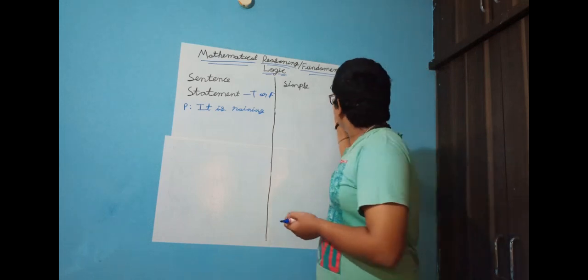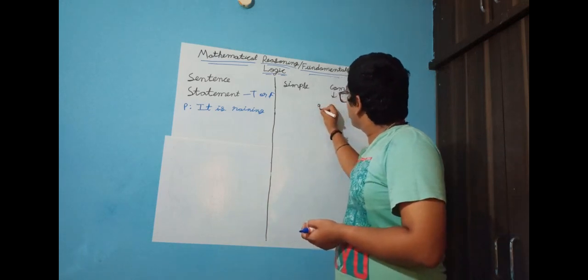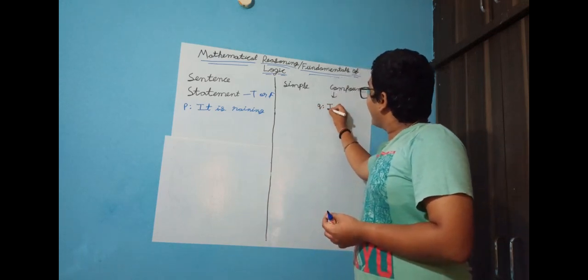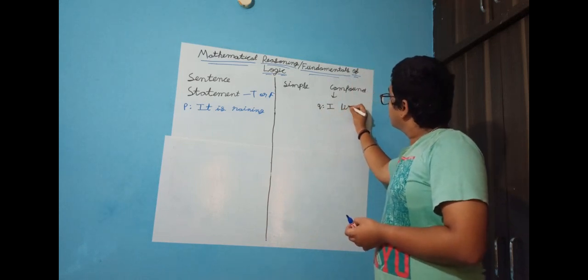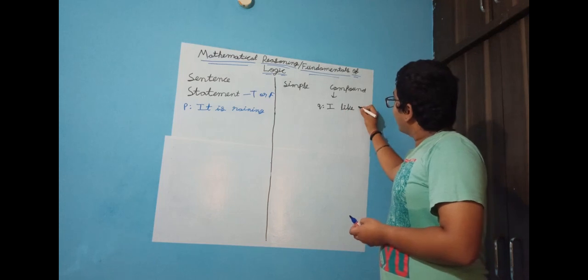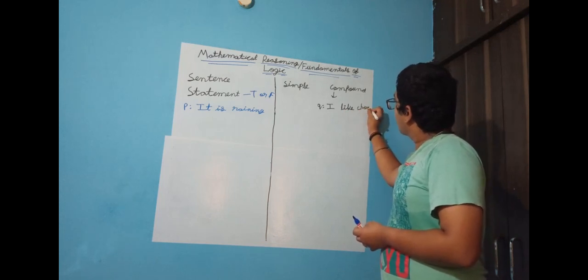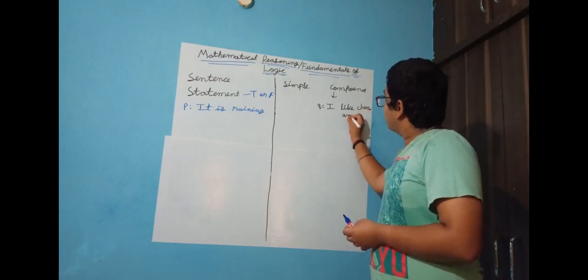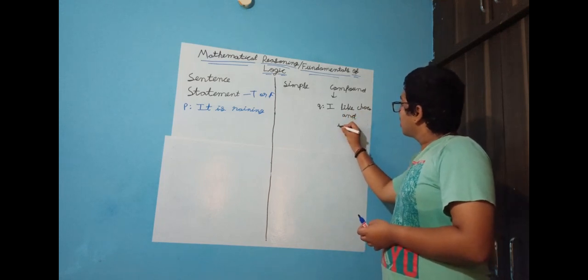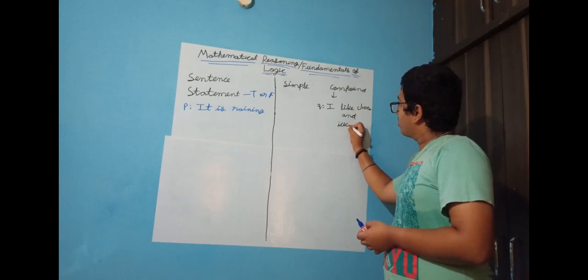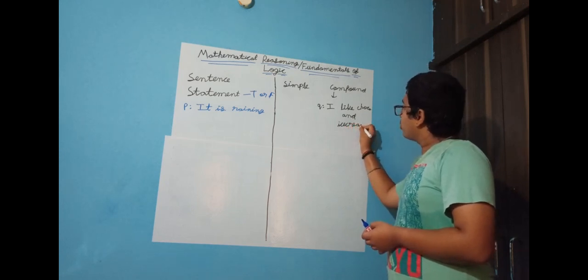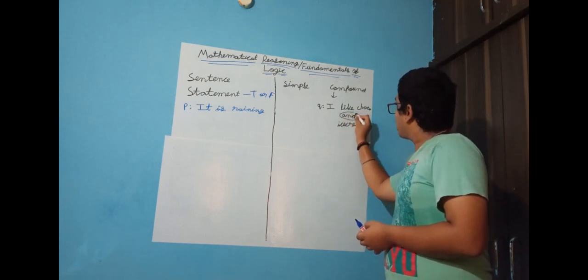Let me consider an example for a compound sentence. Q: I like chocolate and ice cream. Here "and" is said to be the connective. I will explain why.